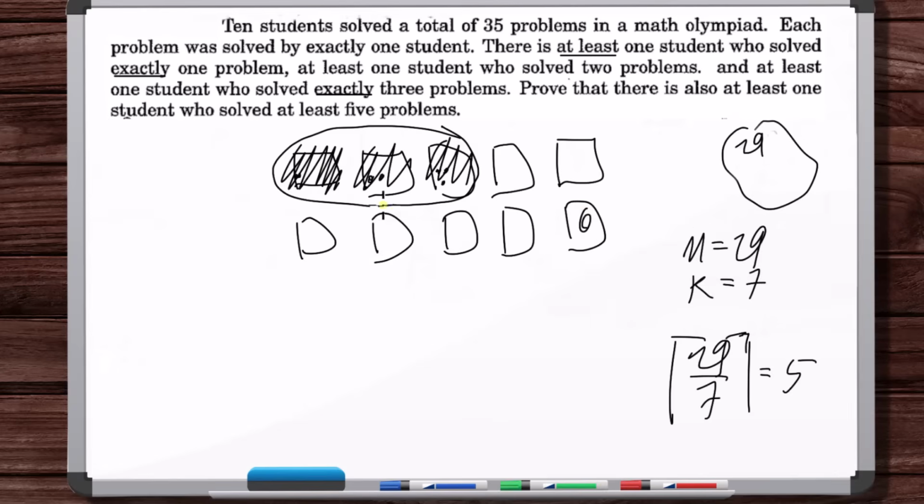And if all 29 went to one student, then at least one student solved 5 problems. Worst case scenario, you try to evenly distribute this as much as you can. You're going to have a case where all of them have 4, and you have 1 to go. So someone's going to have 5.